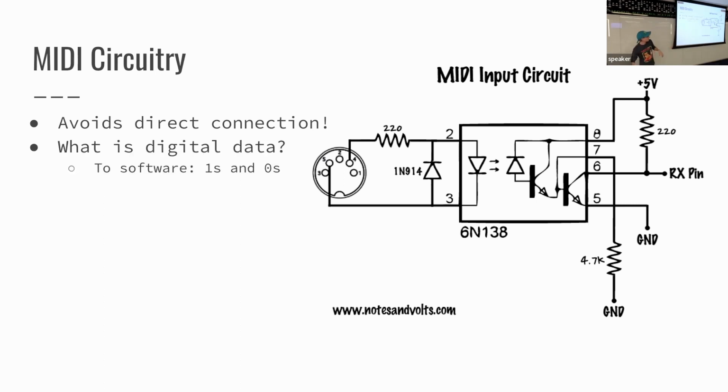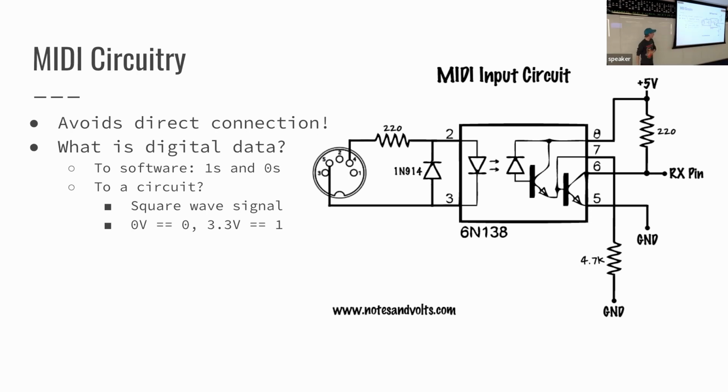And we can take advantage of the semantics of digital data. We're used to digital data being ones and zeros that are kind of abstract. But in a circuit, digital data is essentially a square wave, just a 0 and 1, that sort of thing.